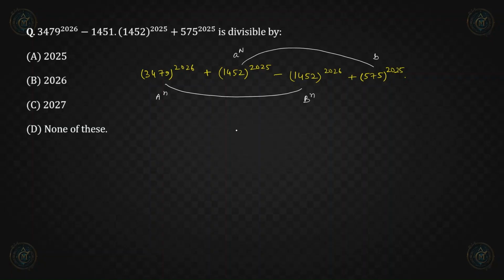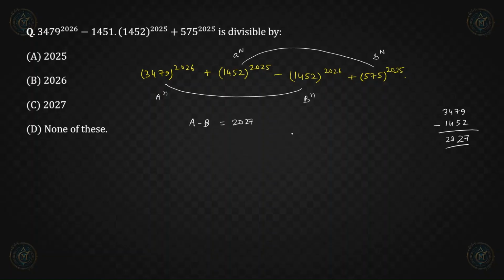So this becomes small a to the power capital N, and this becomes small b to the power capital N. That means this will be a to the power n minus b to the power n, and a minus b, if we calculate, will become 3479 minus 1452. That means 2027. That means the sum of these two terms here, 3479 to the power 2026 and minus 1452 to the power 2026, is divisible by 2027.